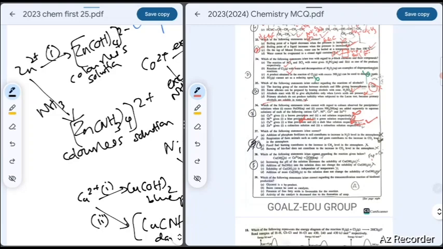So zinc 2 plus gives a colorless solution and colorless solution respectively. Yes, that is correct. So the answer is 3, C and D are correct for the 36th question. Next, 37th question.